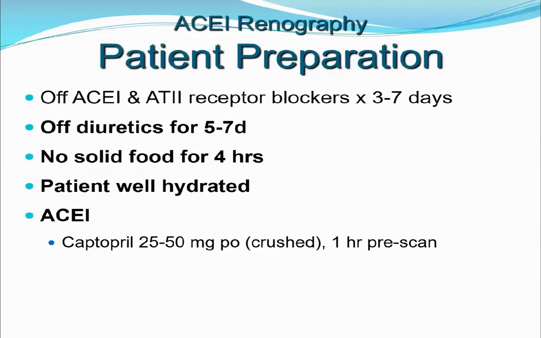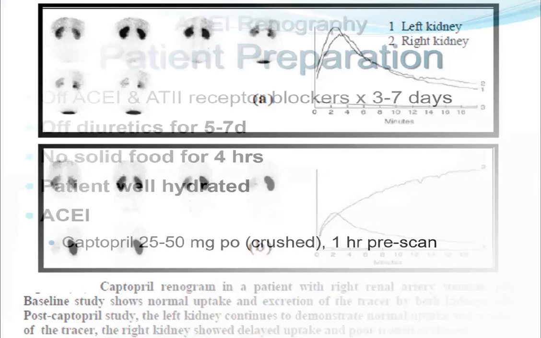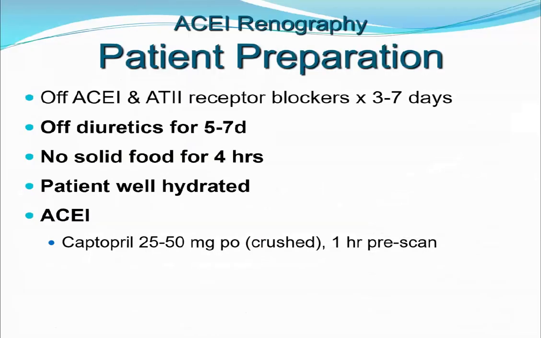The patient must be prepared before ACE inhibitor renography by stopping receptor blockers 3 to 7 days before the scan, being off all diuretics 5 to 7 days before the scan, no solid food 4 hours before the scan, and being well hydrated.